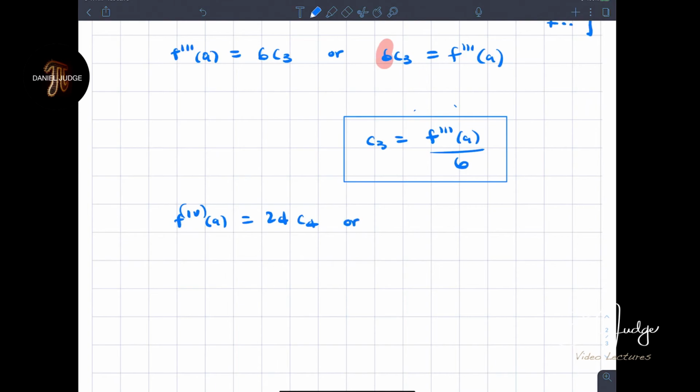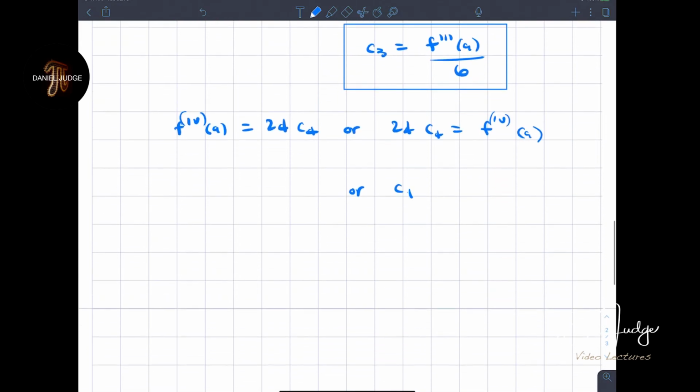And then we say again, 24 c4 is the fourth derivative evaluated at a. What that really means is that c4 will be this number over 24. So again, if we pay attention to the constants here, and we just place it in the bottom.